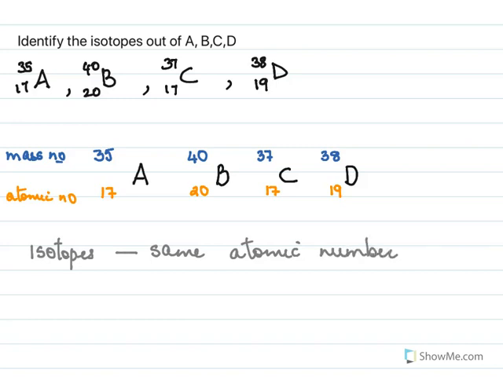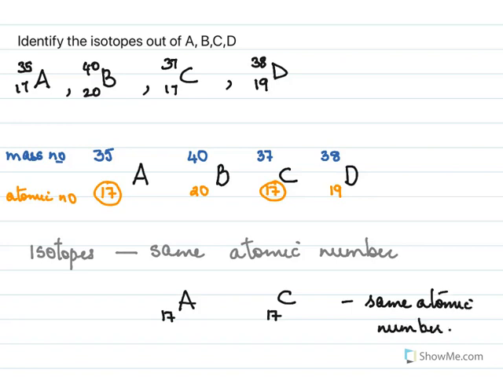Now if you look up at this, you have this 17 and C also has the same atomic number 17. So A and C are isotopes because they have the same atomic number. Atoms with same atomic number are called isotopes.